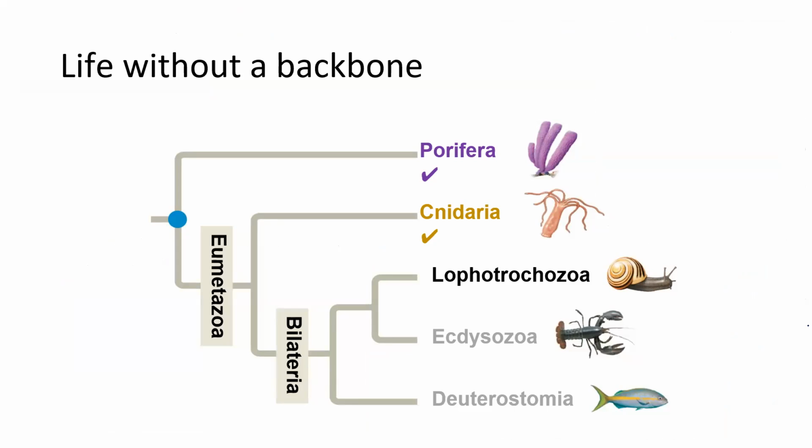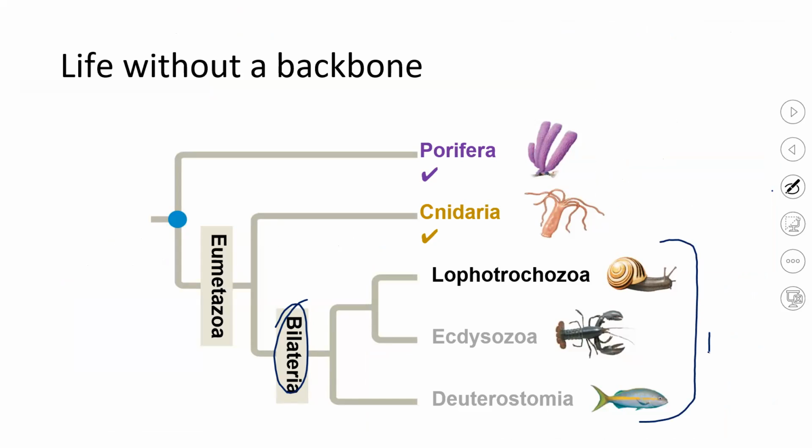Okay, so everything that we talk about from here on out, you're not writing, has bilateral symmetry. And they're all triploblastic. So they all have a mesoderm during their developmental process.